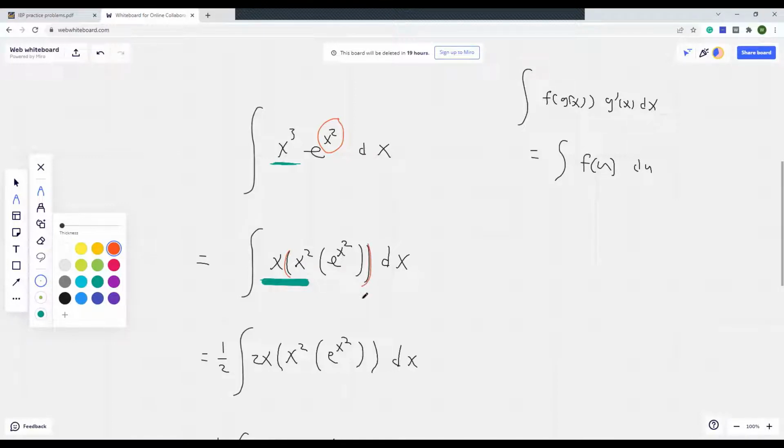Okay, so that's our outer function. What's our outer function? X times e to the x. And we're feeding x squared to that outer function. Now, here's the other key insight that's going to save the day again and again when it comes to these integrals and u substitution. Our outer function has more than one entry point for the variable.